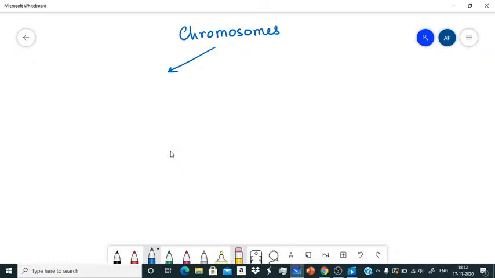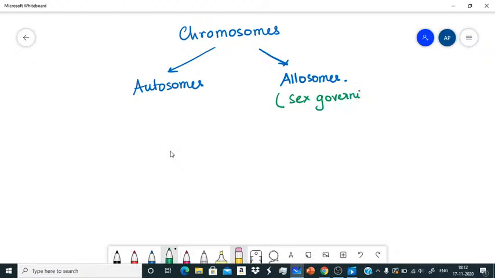Now these chromosomes are of two types. Chromosomes can be autosomes or they can be allosomes. Allosomes are chromosomes which govern sex, or sex governing chromosomes. And autosomes are those chromosomes which do not govern sex, which are common in both male and female, right?